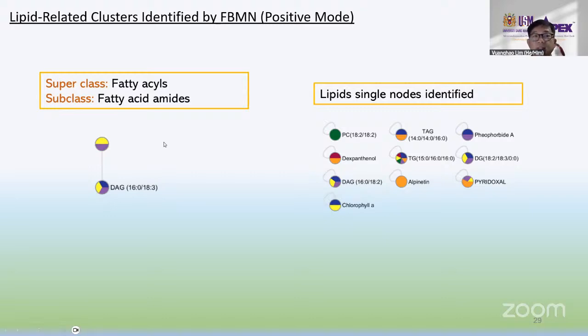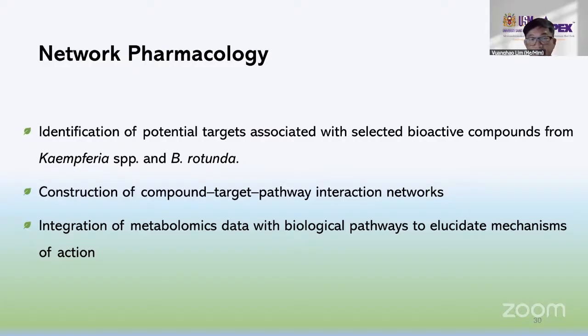After having identified the major metabolites, the next question becomes, how do these compounds exert or show their biological effects? This is where network pharmacology comes in. Instead of assuming which one compound acts on one protein or is related to a biological activity, network pharmacology predicts interactions between multiple compounds and multiple molecular targets simultaneously.